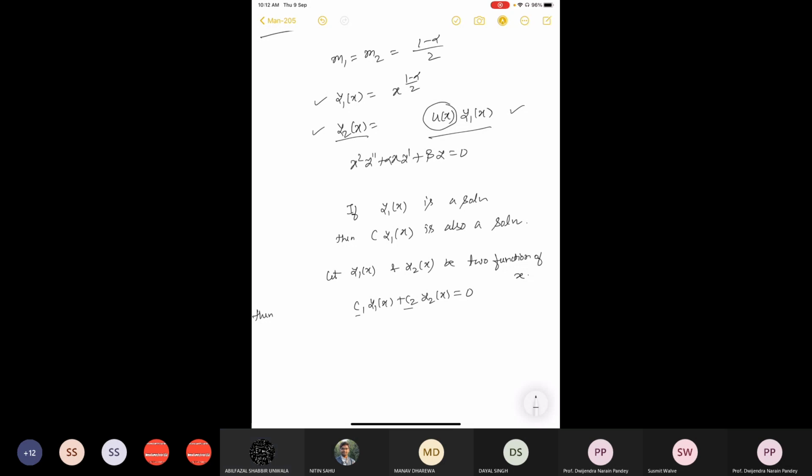Now, if we have two linearly independent solutions and we got one solution, that is y1(x), then if we want to find y2(x), since it is linearly independent, it cannot be a constant multiple of the first one.